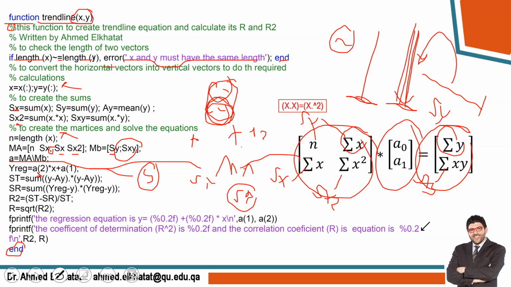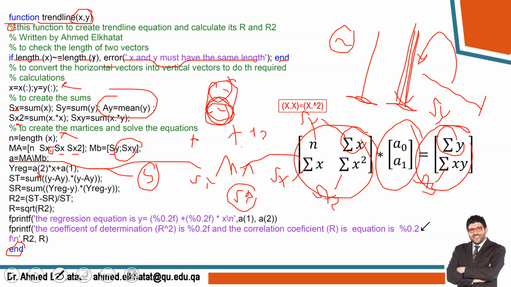Now we can find ST equal to sum of (y minus y average) dot times (y minus y average), all between parentheses. Why did I do this?